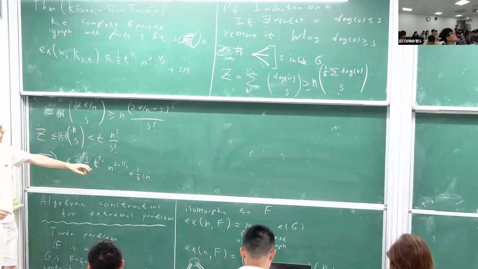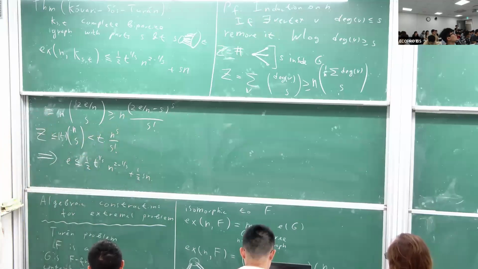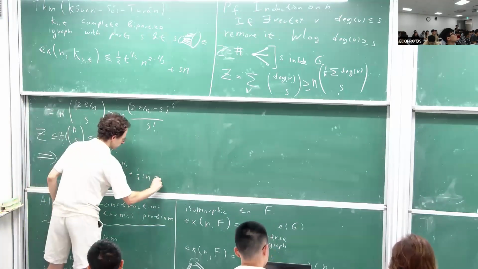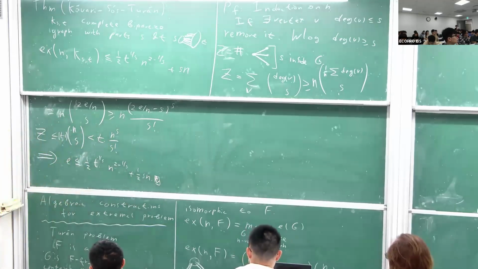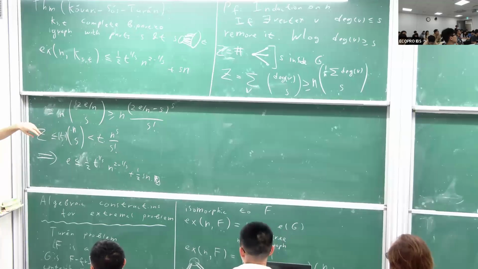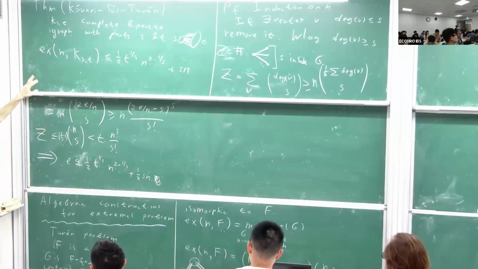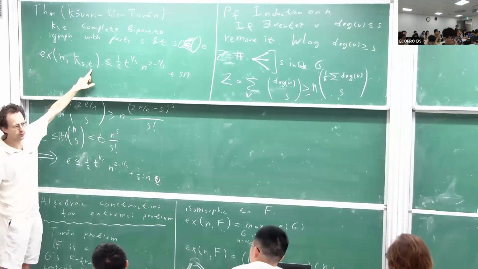So in this case, we get even a slightly stronger bound than promised, but it's okay. So this is the Kővári–Sós–Turán theorem, and again, a good mnemonic to remember what this theorem is about. It's about coverage of Turán graphs.